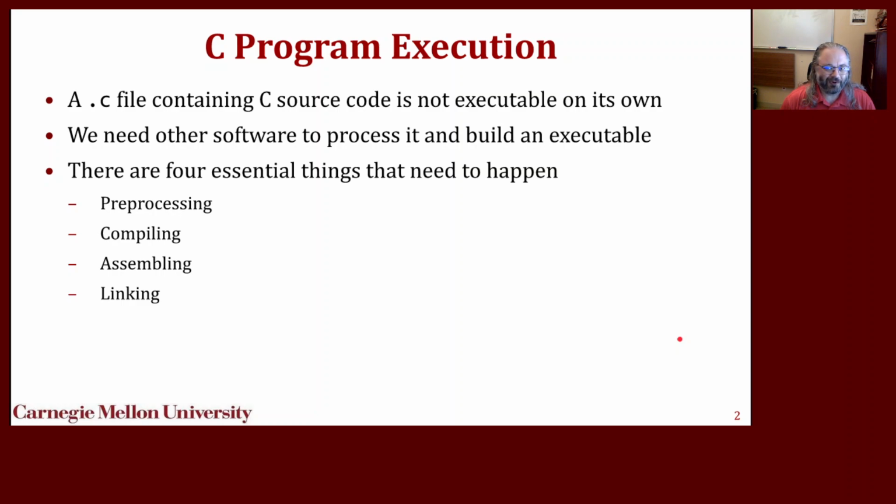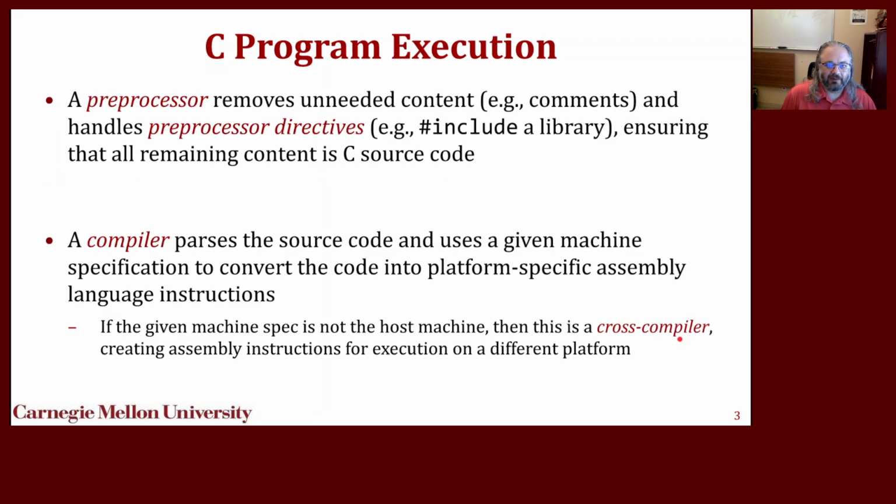Many people refer to this entire process as compiling the code. As you can see, compiling is only one of the 4 steps of building the executable, but this is often just called compiling because that's, in many cases, the most important step. So let's go through these 4 parts of this process and explain each one in detail.